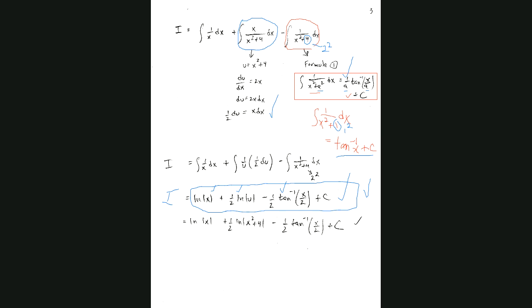We have to substitute the u back in there. Well, okay, u was equal to x squared plus 4, and so our integral is equal to this here.